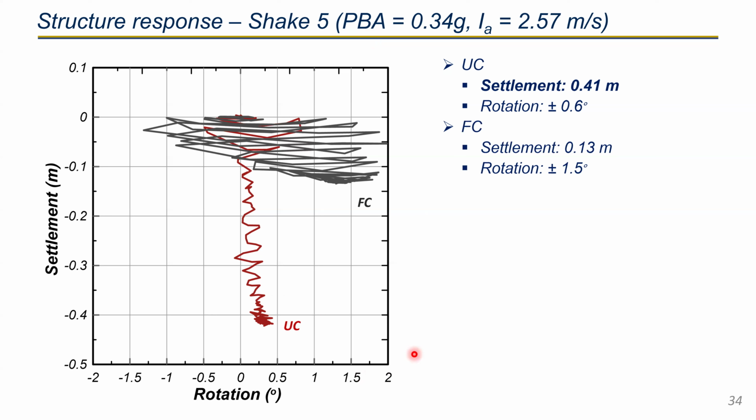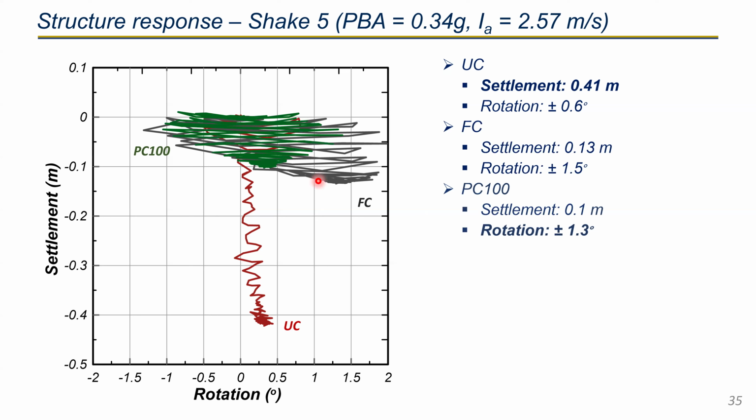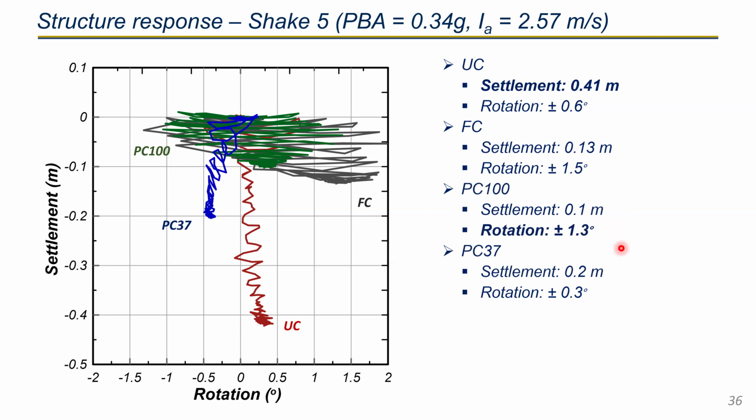But if you look at the results from the fully cemented one, the MICP treated sand can support the increased bearing pressure from the structure rocking, so it rocks a lot and settled less. And PC100 shows similar results to the FC model, with a settlement of 1.1 meter and a rotation angle of 1.3 degrees. But the result from PC37 lies between the PC100 and the uncemented model.